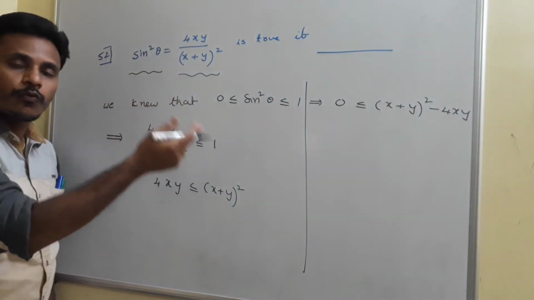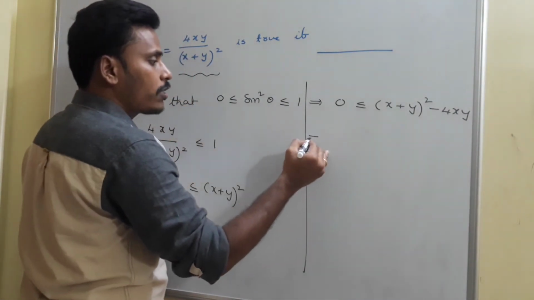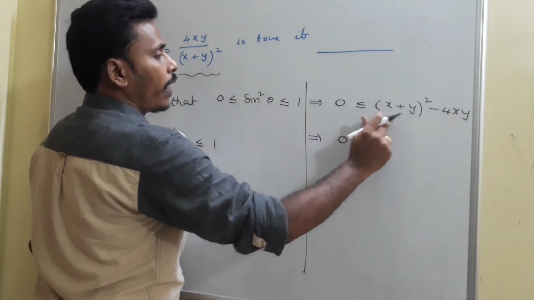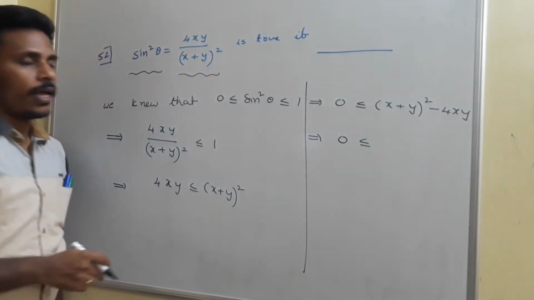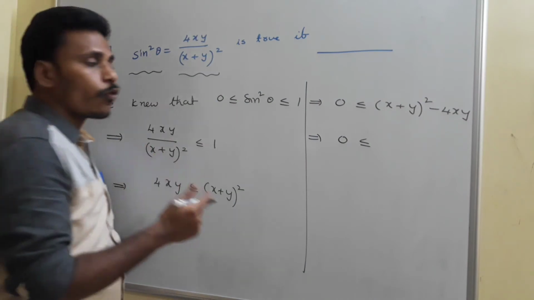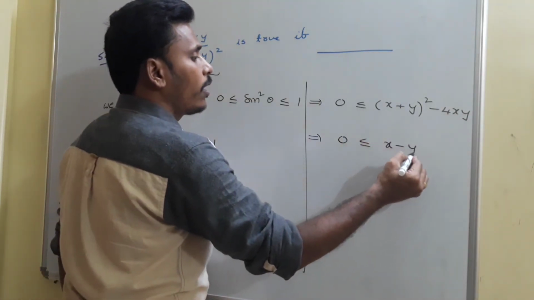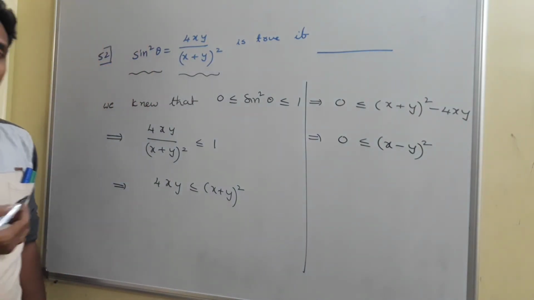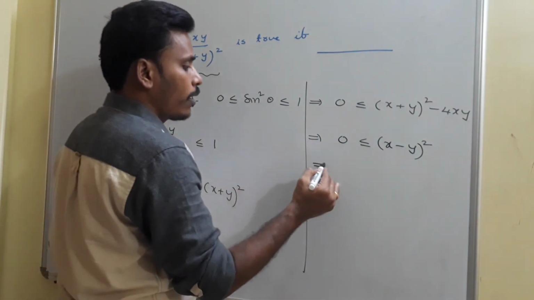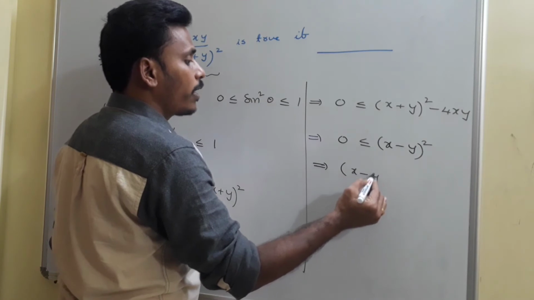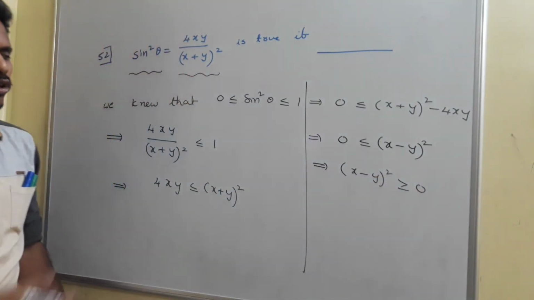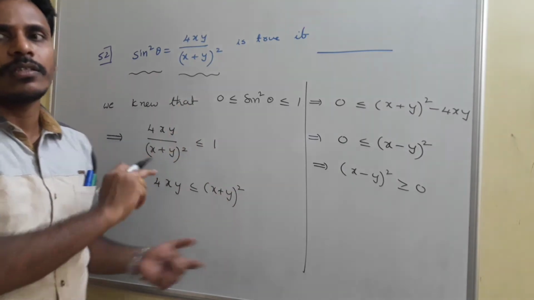I think you are all aware of this rule: (x plus y) whole square minus 4xy is nothing but (x minus y) whole square. So 0 is less than or equal to (x minus y) whole square, and that implies (x minus y) whole square is greater than or equal to 0. Both are the same, you just write it in this manner.